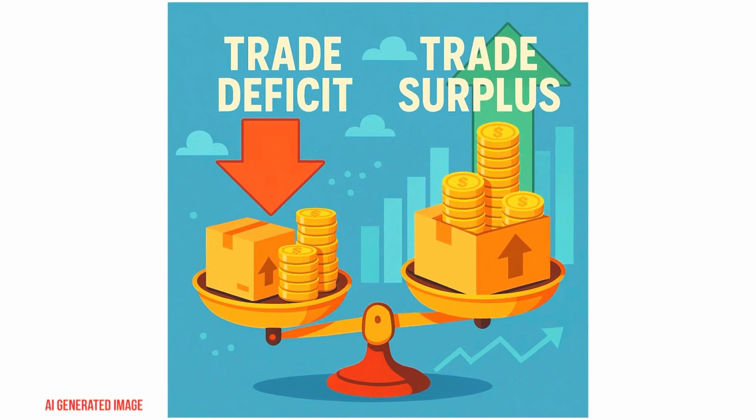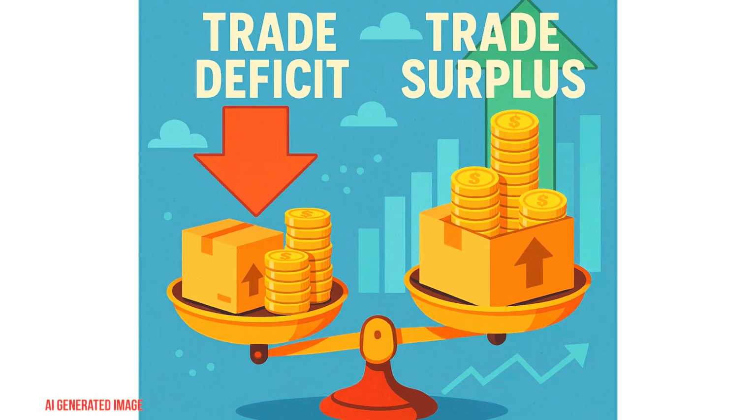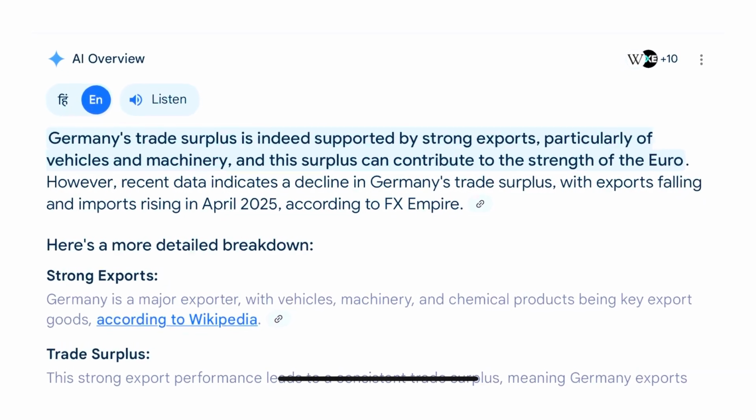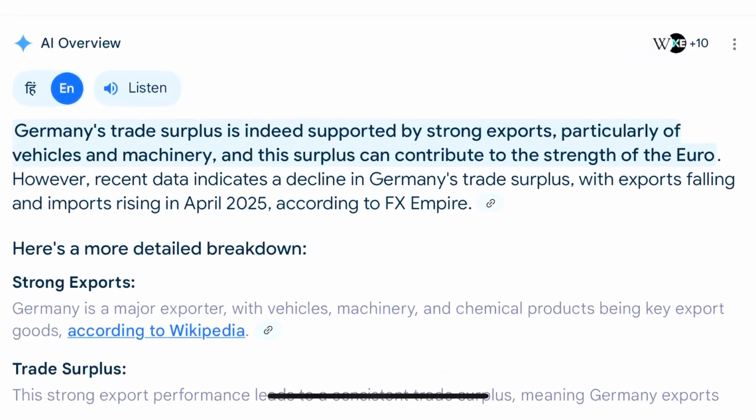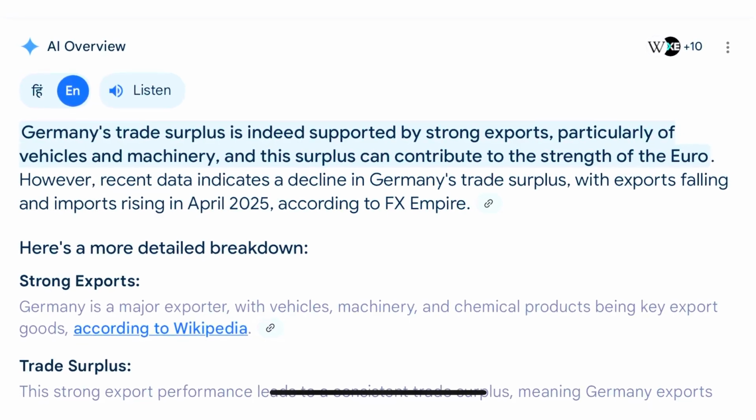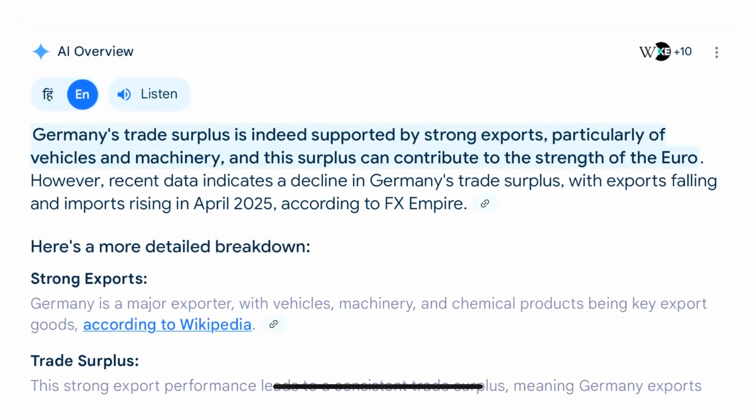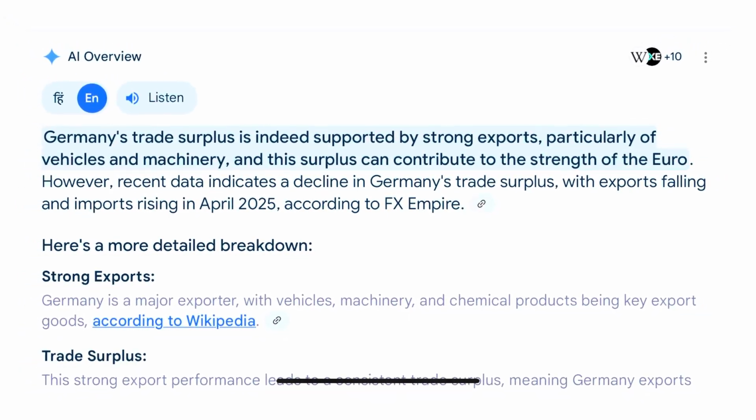Conversely, if it exports more than it imports, it leads to a trade surplus, which in turn increases demand for its currency and helps in strengthening it. For example, Germany often runs trade surpluses due to strong export of cars and machinery, which in turn supports the euro.